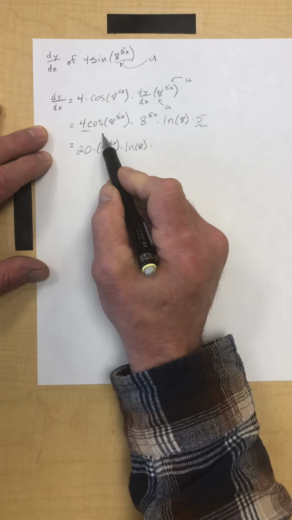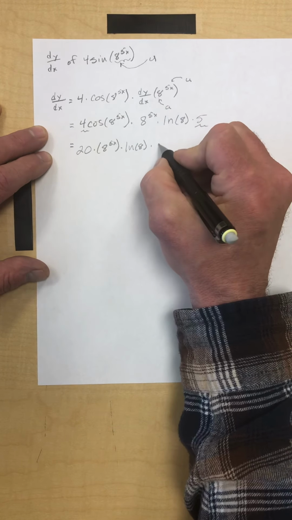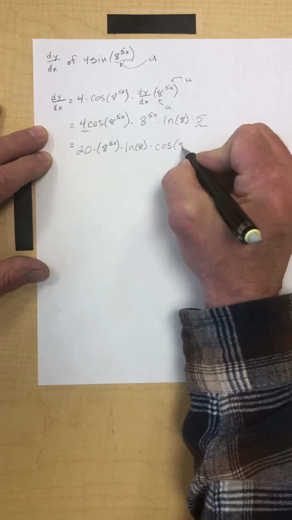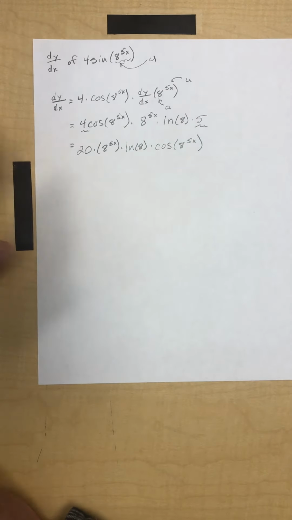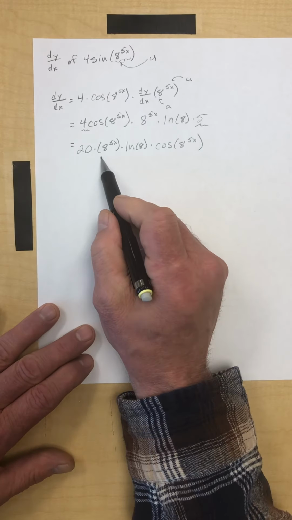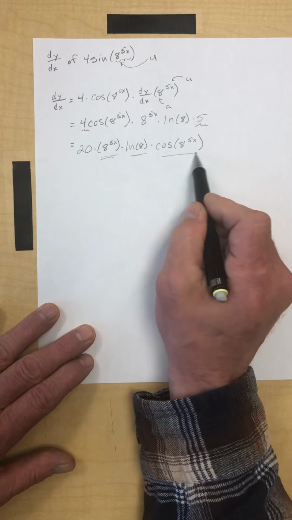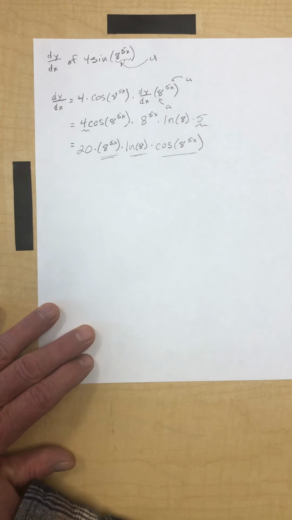And I have this cosine of 8 to the 5x power. I don't see anything else you can do, unless you wanted to mix and match the order that you write those 3 portions of your answer in. Other than that, that's about all you can do with it.